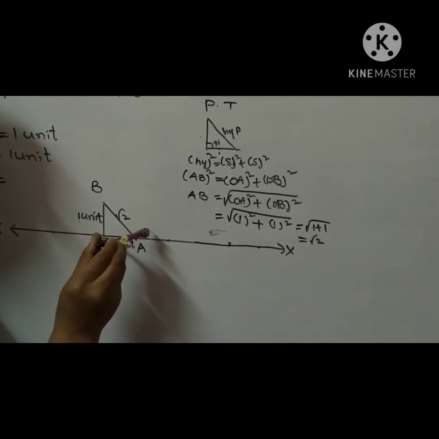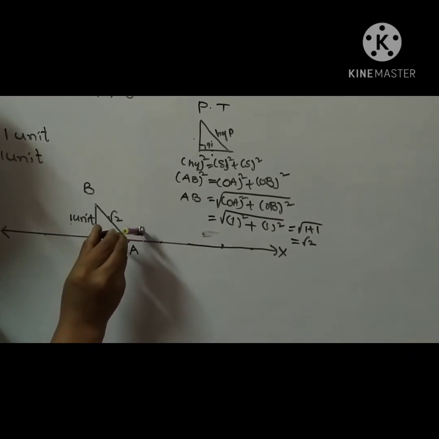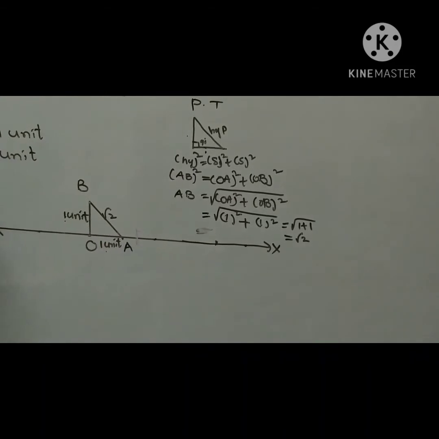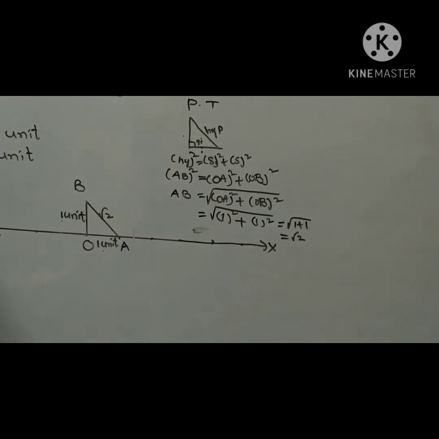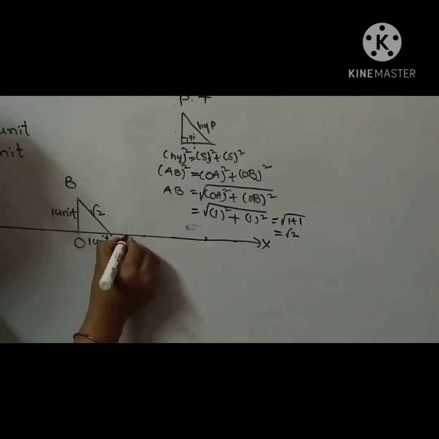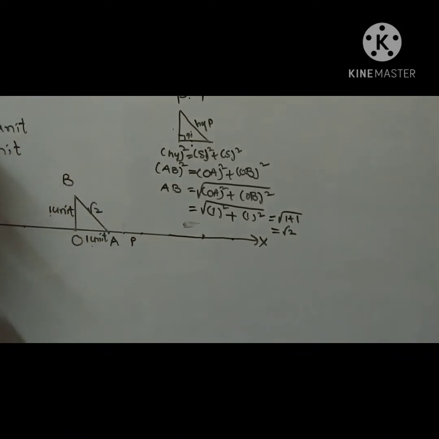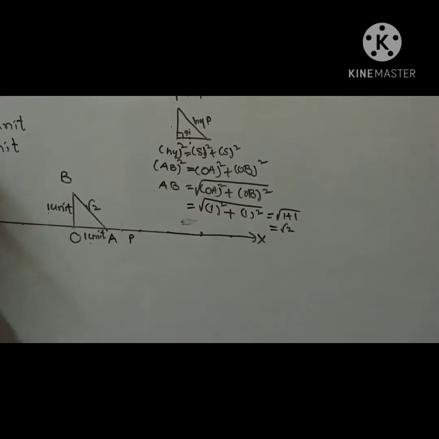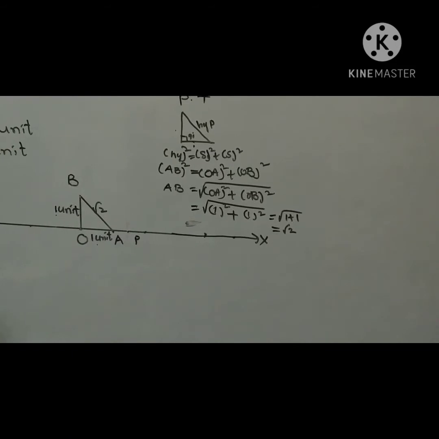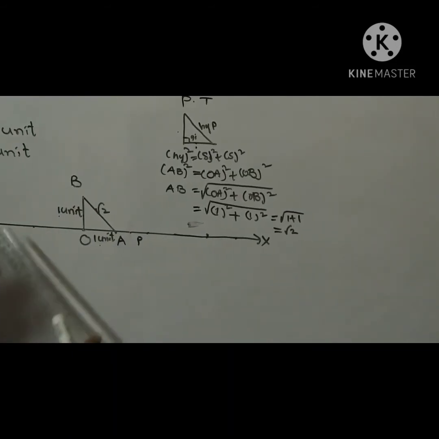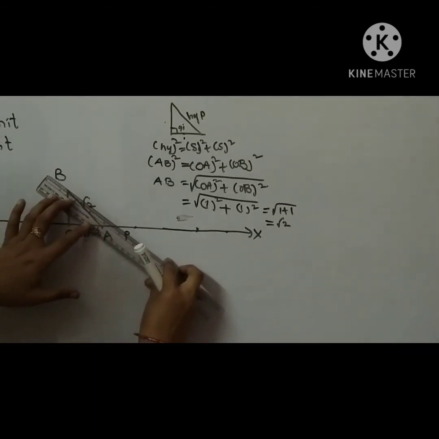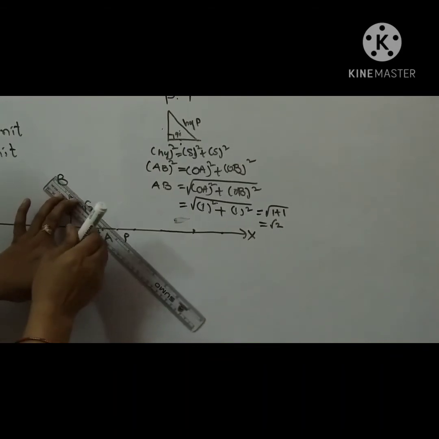Okay children, did you understand? Here to here, draw the one arc. Then mark here as P. Okay children, did you understand? Then join the line.